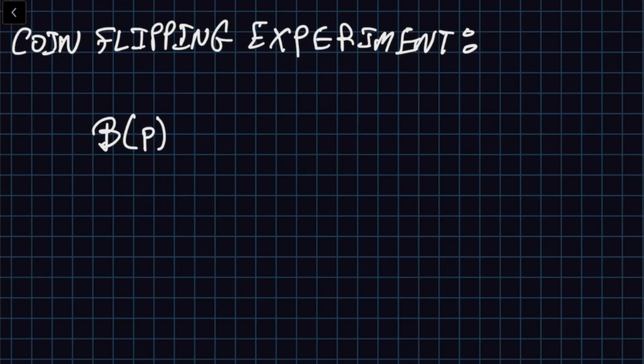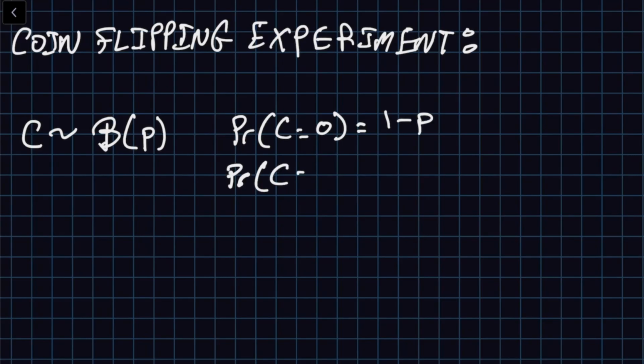That is, if my random variable, I'm not going to call it x because x is reserved for my data set, instead I'm going to call it, let's say, c, okay? C for coin outcome. So the probability that my c is 0 is 1 minus p, whereas the probability that c is 1 is p, okay?